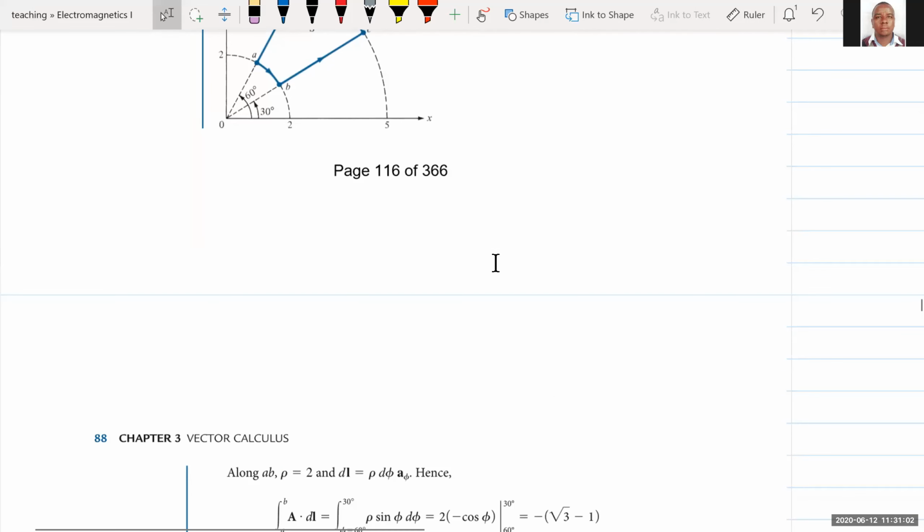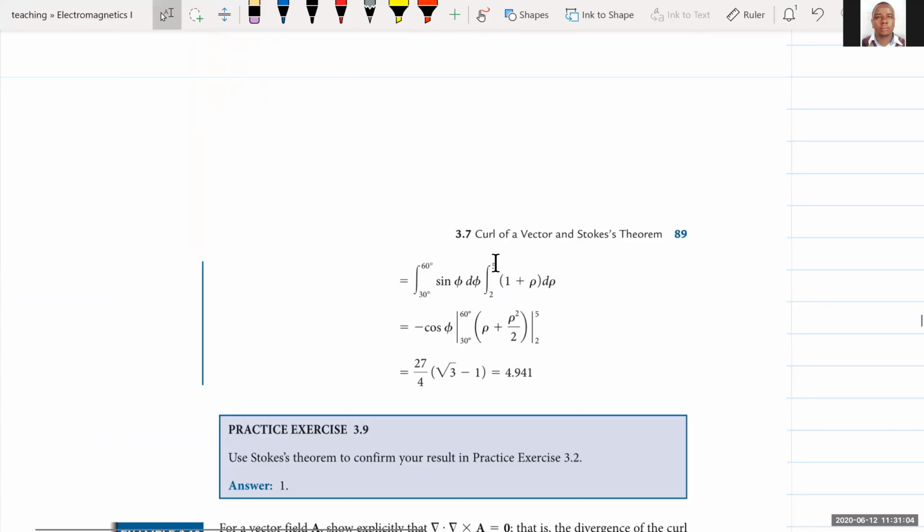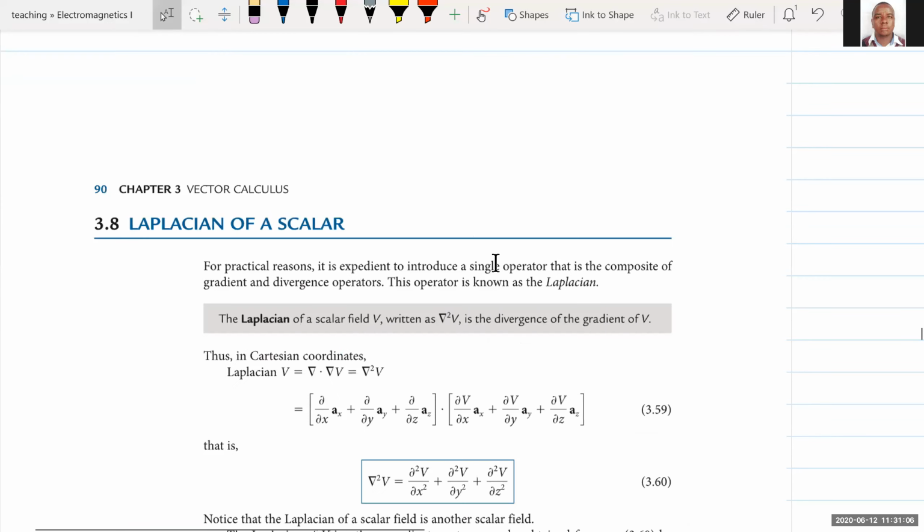We jump now to the other section that we need to deal with, which is the Laplacian of a scalar. Again, in the notes that I have shared, or in the videos that I've shared on Google Classroom, there are I think 2 videos. One introducing the concept of the Laplacian of a scalar. The other one is giving an example of Laplacian.